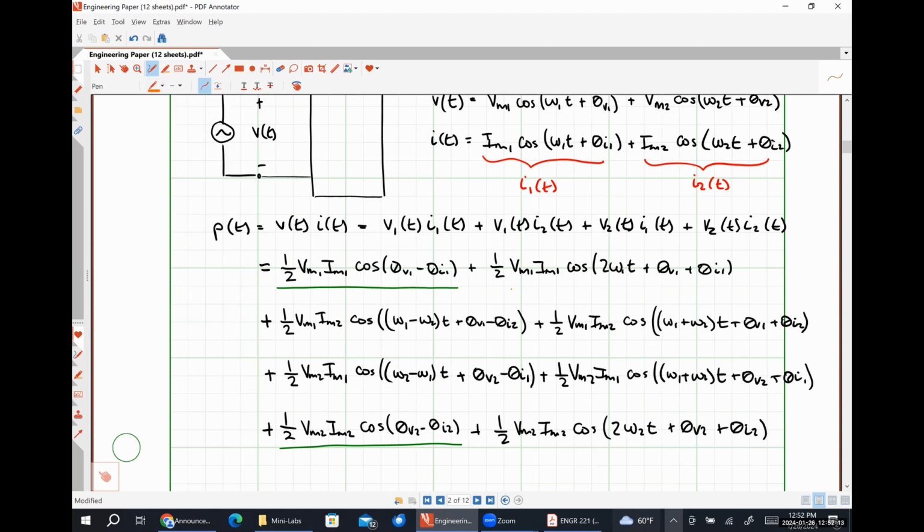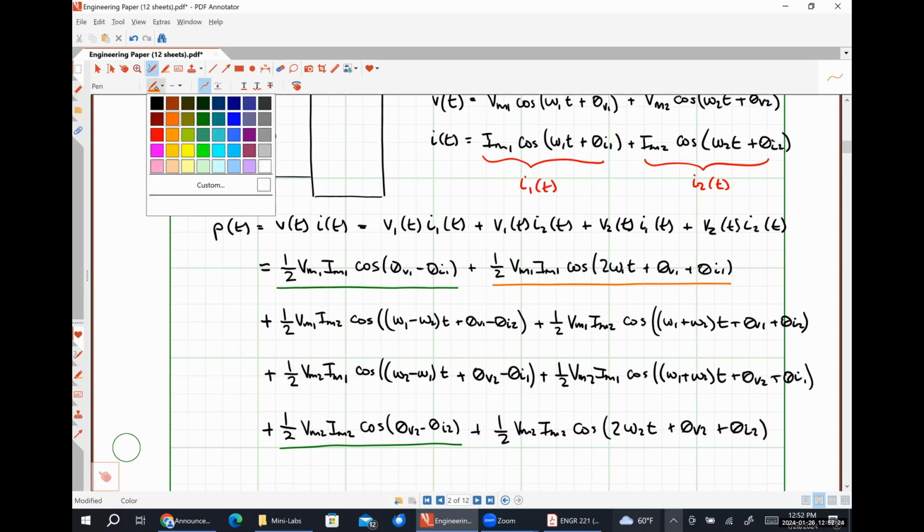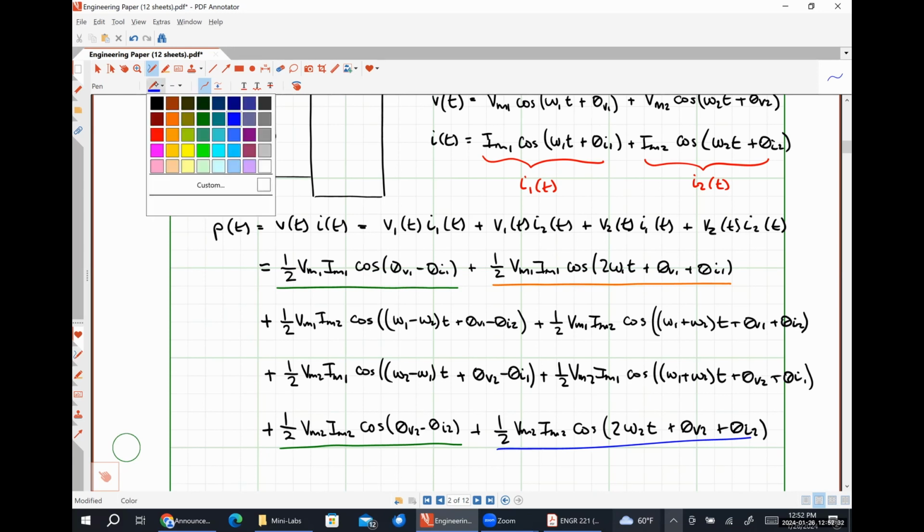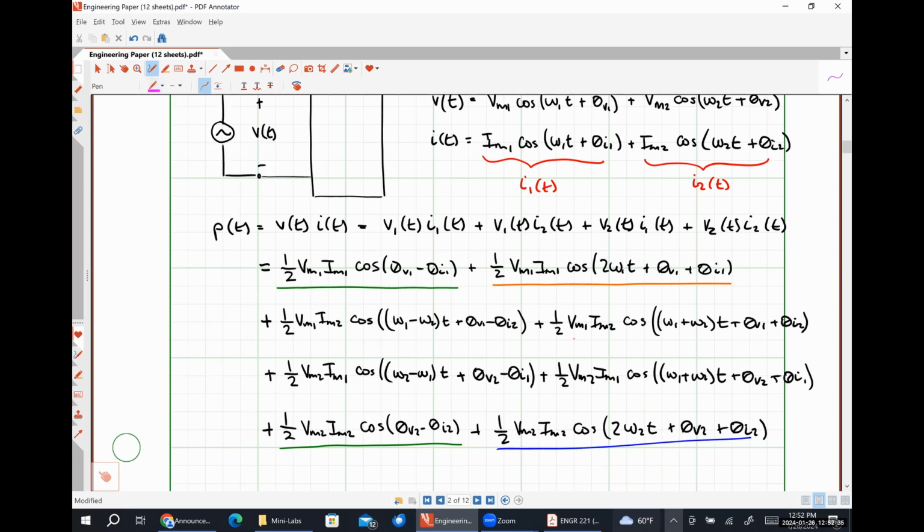Then we have this guy right here. So we have a term that's oscillating at a frequency of twice omega1. This term right here is oscillating at a frequency of twice omega2. This term and this term are oscillating at a frequency of omega1 plus omega2.